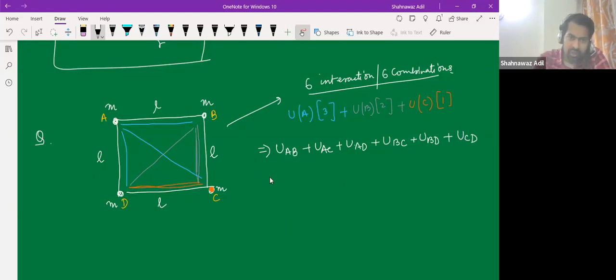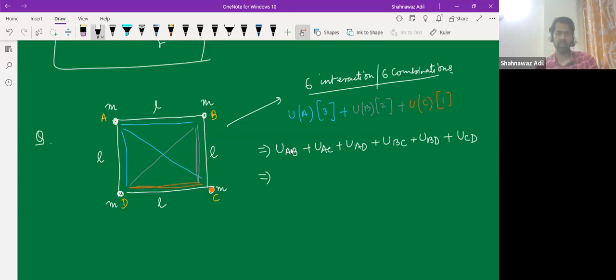So UAB, I have taken two masses A and B, and the separation is L. What would be the potential energy due to UAB?